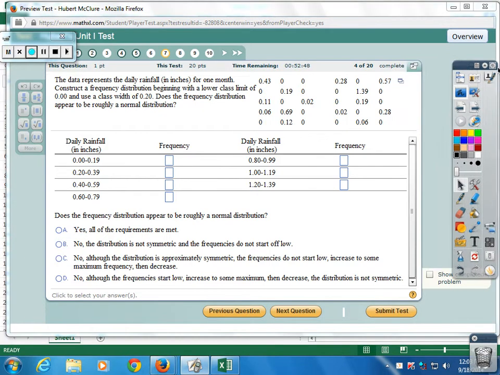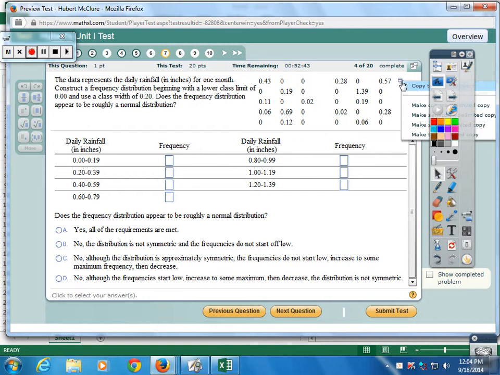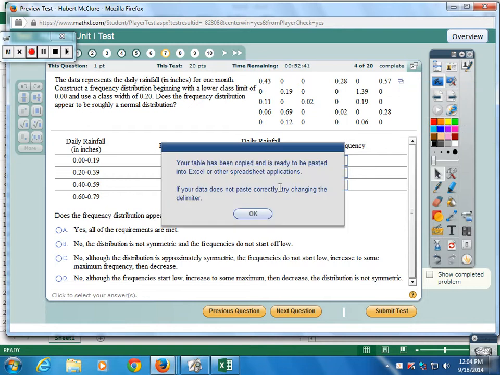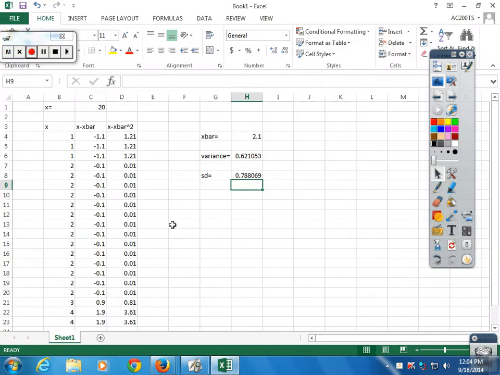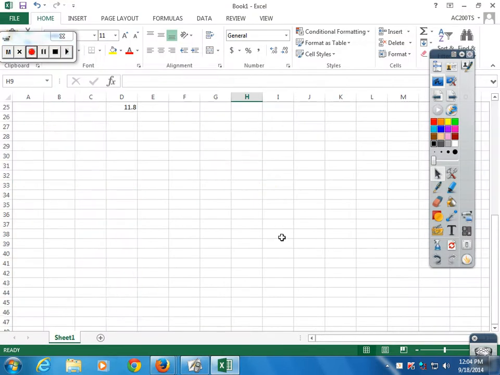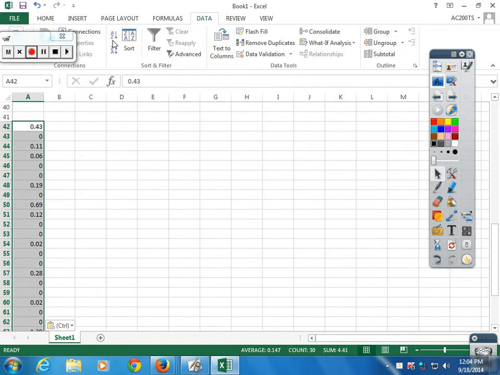You can do it however you want to, but the easiest way is to either punch them in your calculator or do the spreadsheet. To keep from having to punch all those in, I would put it on the spreadsheet, and all you have to do is put it in order. Just paste, and then go up here to data, and put in order.